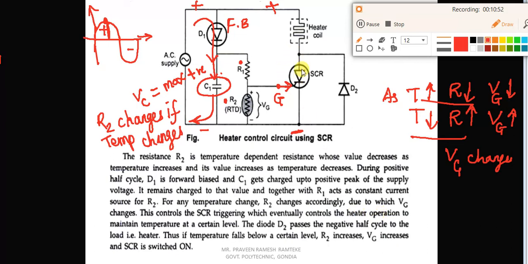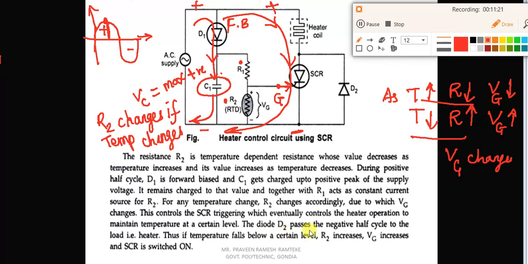Once it is conducting, the current will flow through the heater and back to the supply neutral. So once the triggering pulse is provided, the direction of current flow is like this. Means the heater is on.